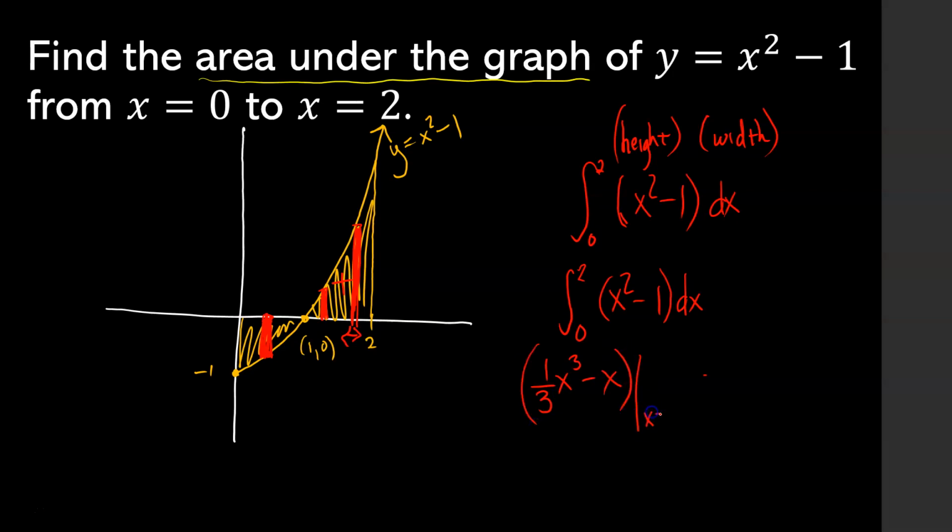And we're going to evaluate from x equals 0 to x equals 2. 1/3 of 2 cubed minus 2, minus 1/3 of 0 cubed minus 0. And so what we end up with, let's just leave this as 8/3 minus 2. Okay, so that's pretty straightforward.